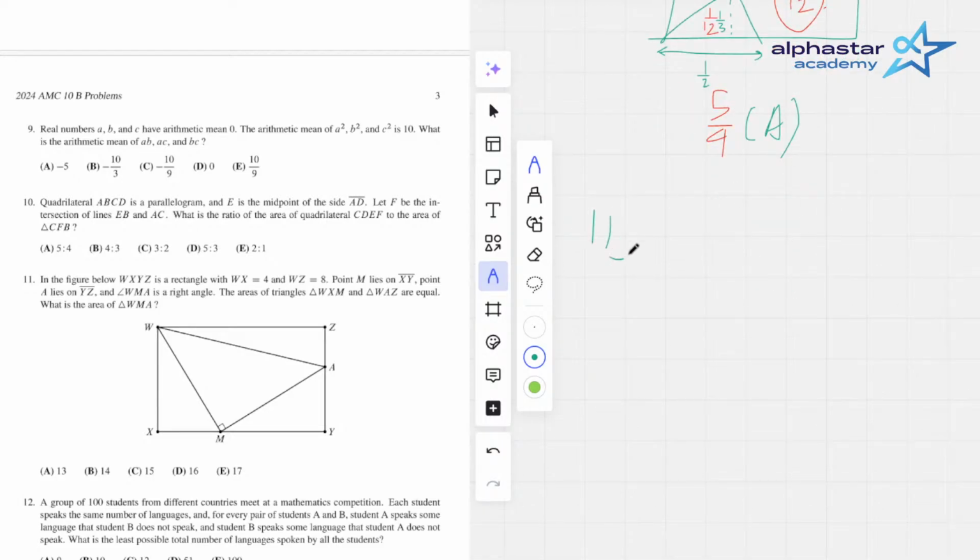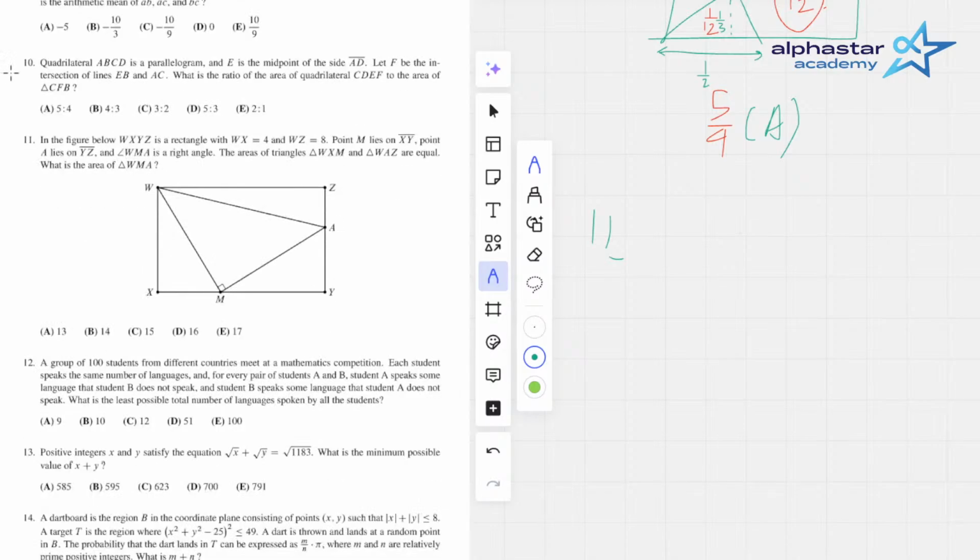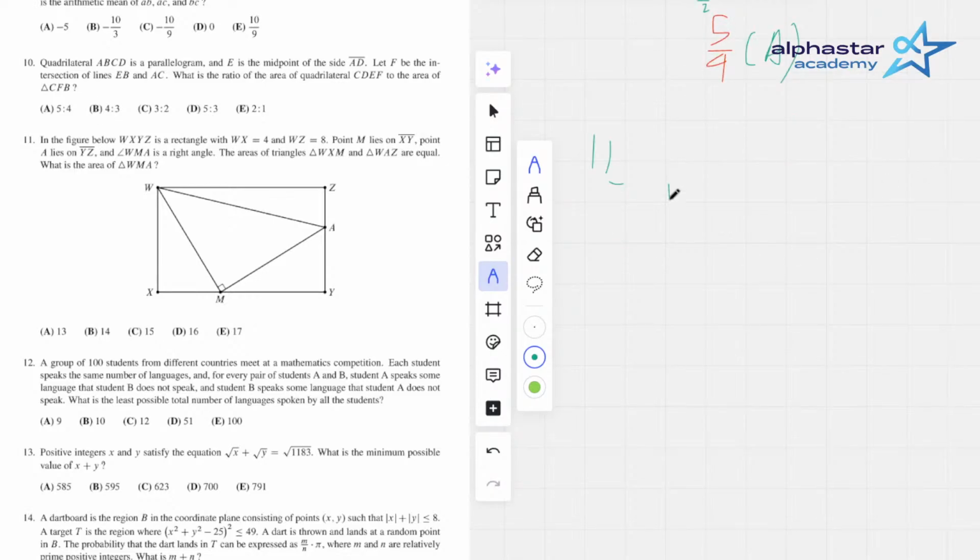Moving to 11, another geometry problem. WXYZ is a rectangle with WX is 4 and WZ is 8. Okay, 4 by 8, point M lies on that, so that's a right angle. I'll draw my own version of this picture, more to scale hopefully.